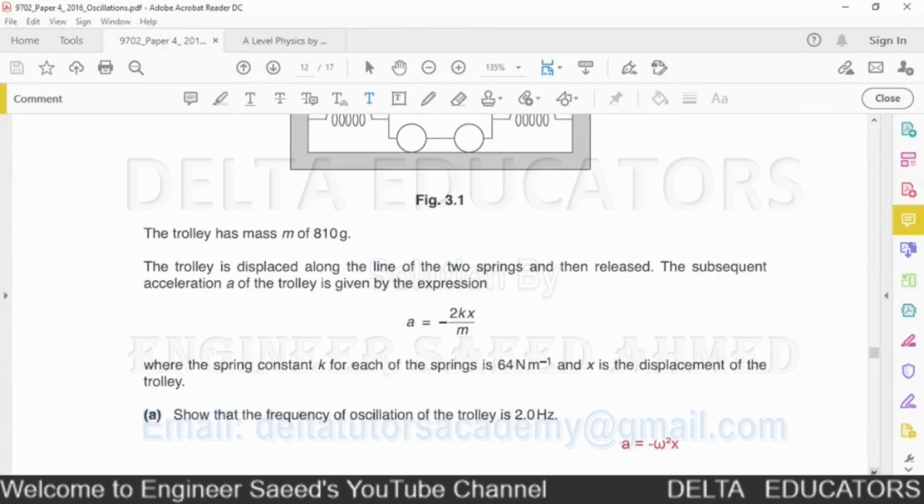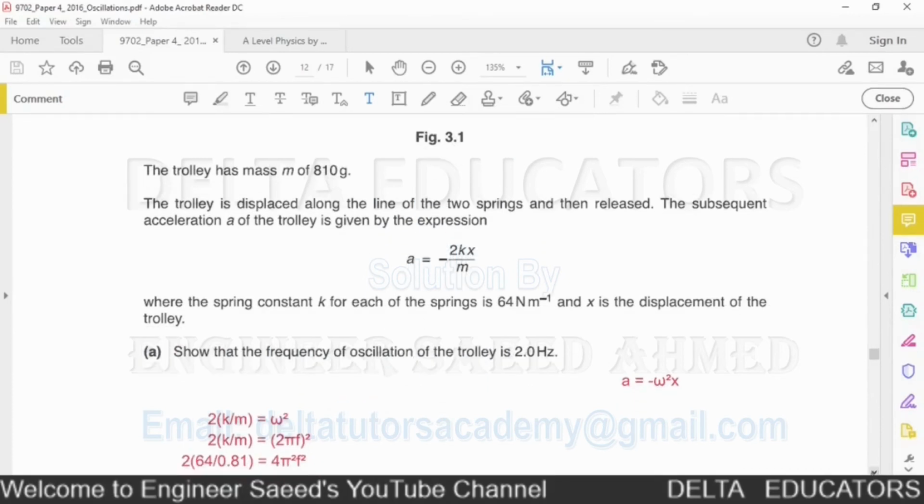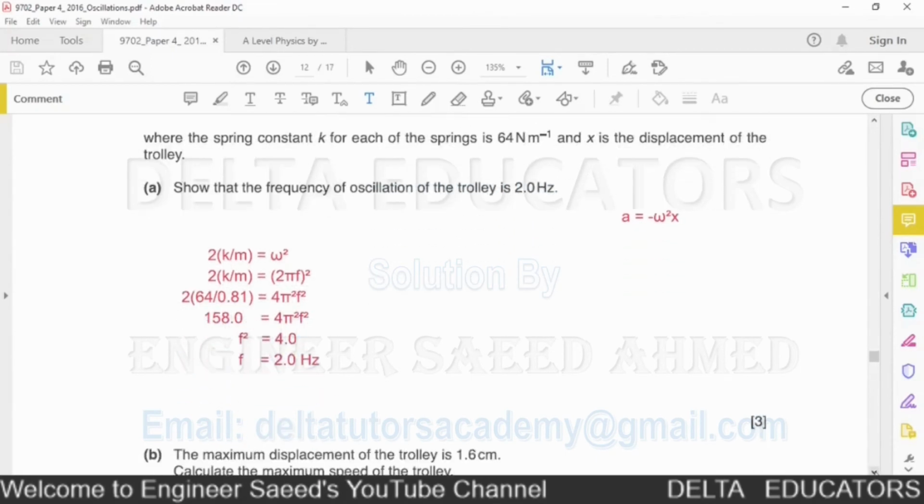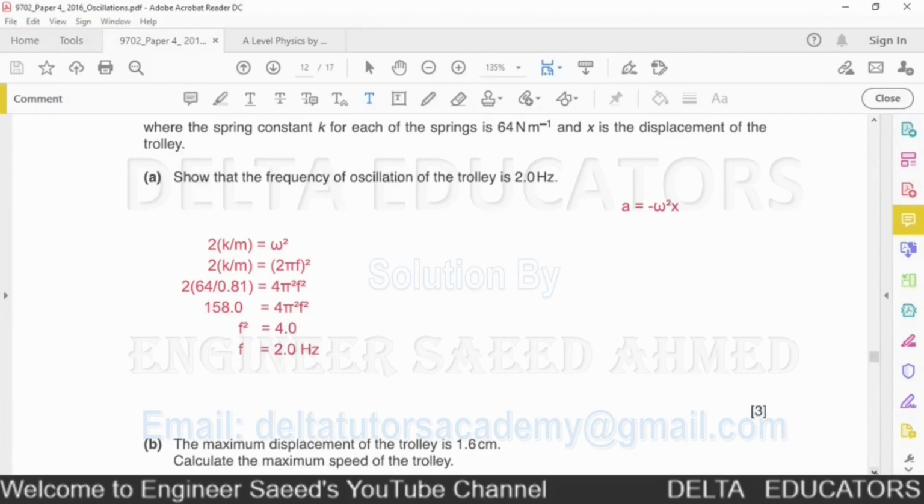That's why we divide 810 by 1000 and get 0.81. Now in 2 pi f, we have to find f. By solving this we get f square is equal to 4, and by taking the square root on both sides, we get f is equal to 2 Hertz. So the frequency will be 2 Hertz.